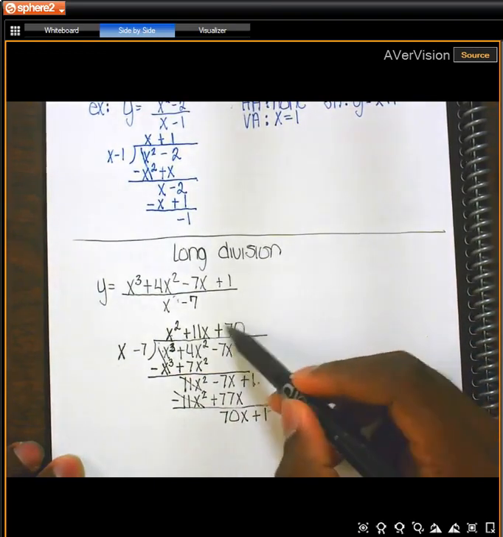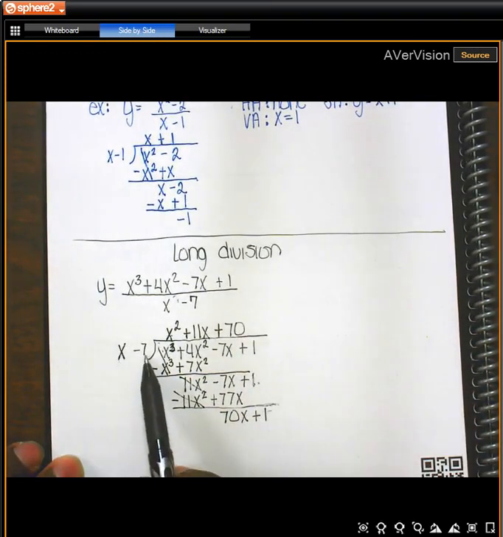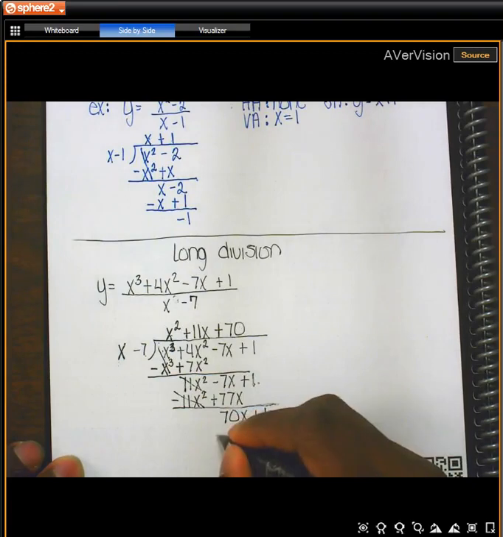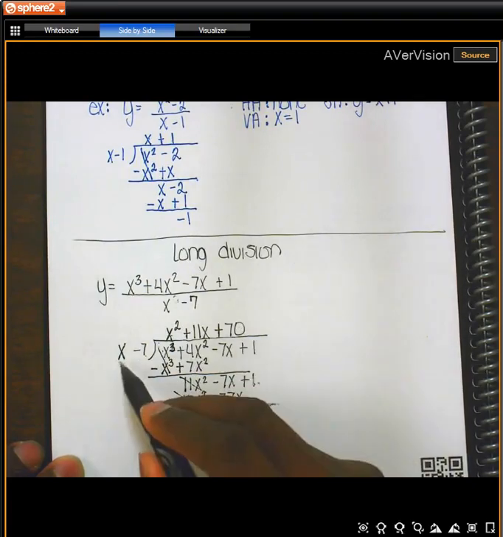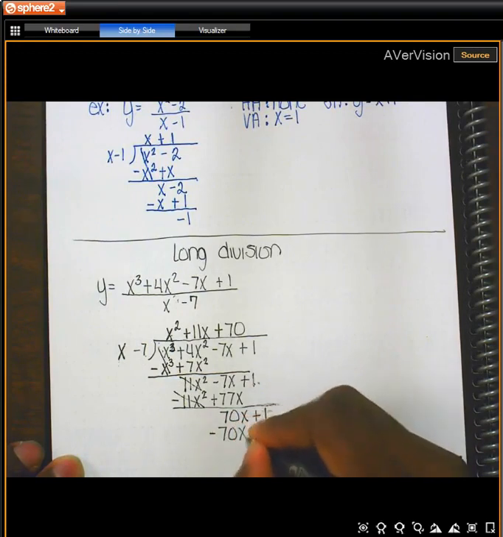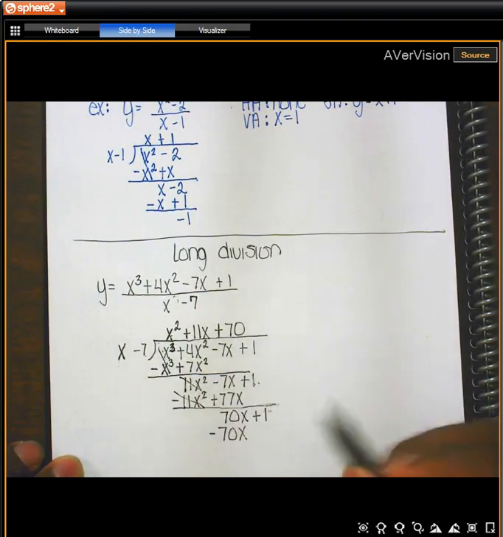Now we take 70 and multiply it to both x and negative 7 and write the opposite down here. So 70 times x is 70x, and we write negative down here. What's 70 times negative 7?